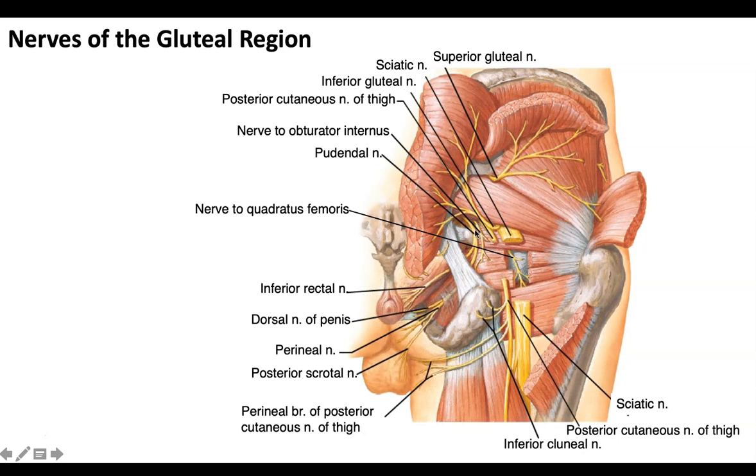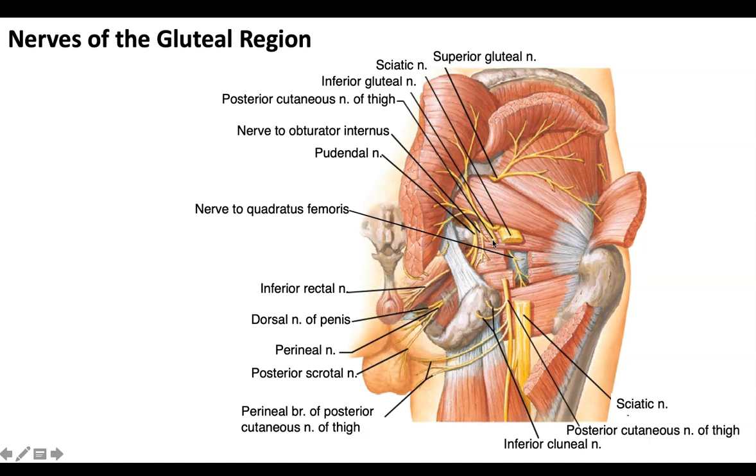The inferior gluteal nerve supplies the large gluteus maximus. It supplies only one muscle, the gluteus maximus. And then there is the posterior cutaneous nerve of the thigh, one of the major cutaneous branches.